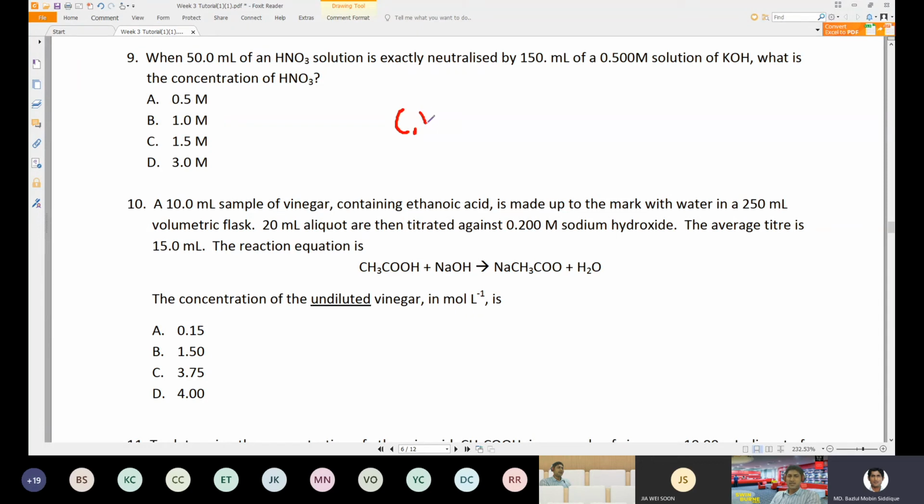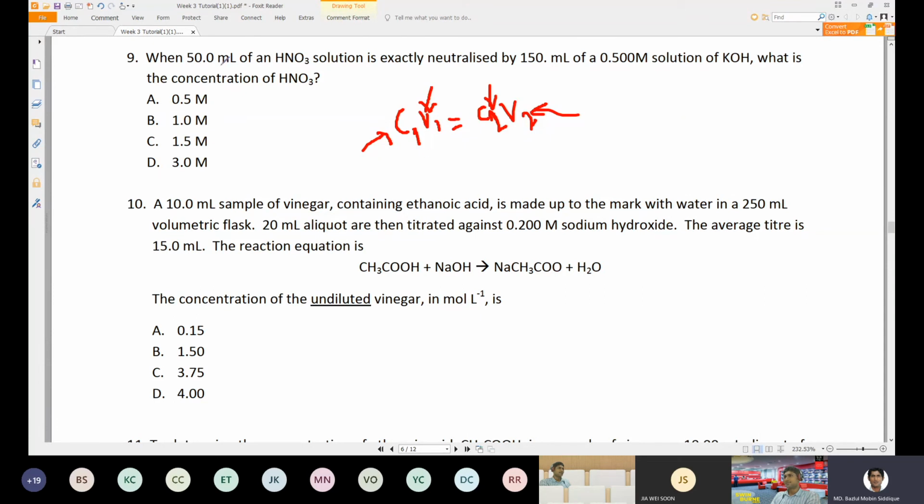I am sure that you know this, but probably in another form, N1, M1, N2, M2, the same thing. So this is the concentration of the first solution, volume of the first solution, concentration of the second solution, volume of the second solution when they meet together and become neutralized, or the dilution when we do the dilution. This formula is very important and very useful actually.